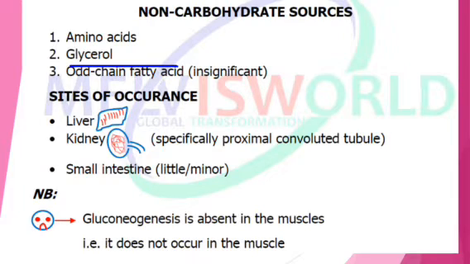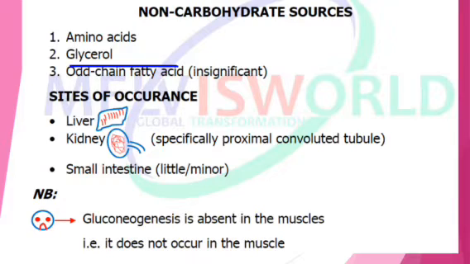Long chain fatty acids are insignificant, and we can recall that during long chain metabolism, that is beta oxidation, we have substrates. Some of these substrates insignificantly enter the gluconeogenic pathway.